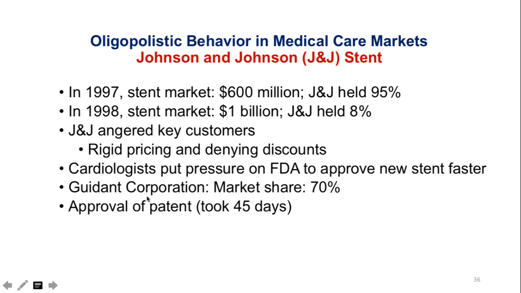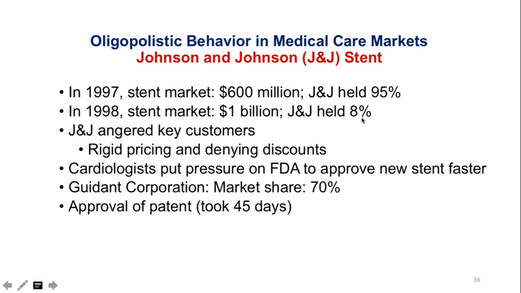So the cardiologists put pressure on the FDA to approve the new stent faster. And the FDA approved Guidant Corporation in less than 45 days. In 45 days, Guidant Corporation got 70% of the stent market share, and that made Johnson & Johnson's market share fall from 95% to 8%.